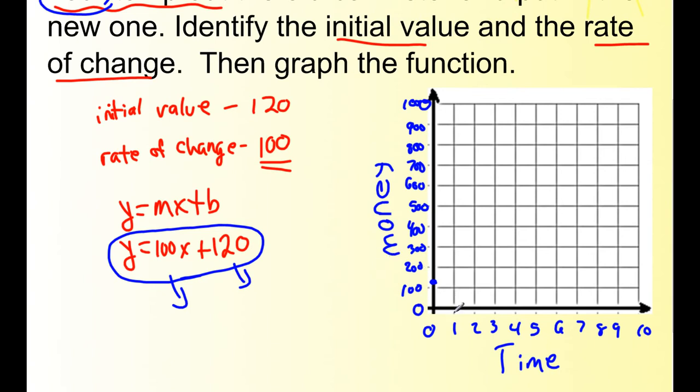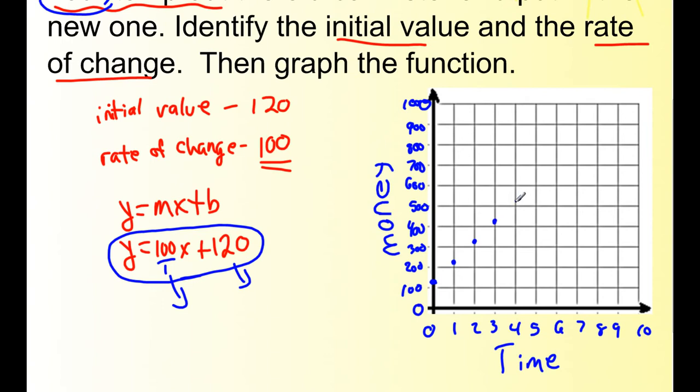After 1 hour, he's going to go up by $100. So 1 hour, now it's going to cost me 220 bucks. 2 hours, 320 bucks. I'm using the slope of 100 over 1. So go up $100 over 1 hour.